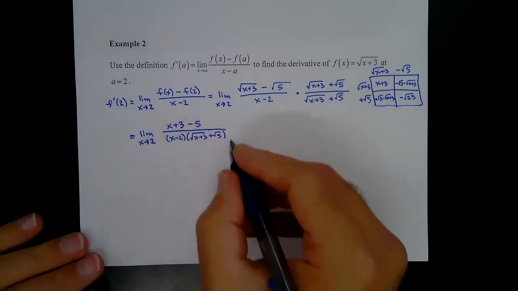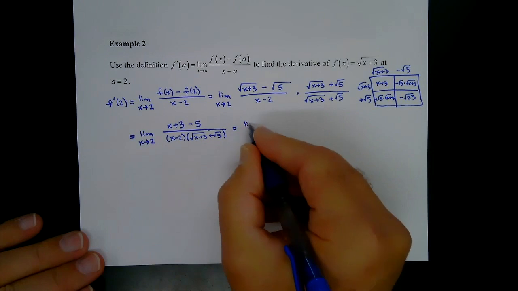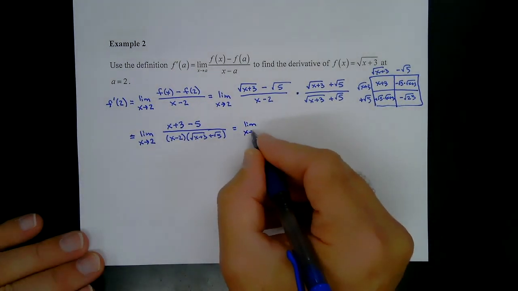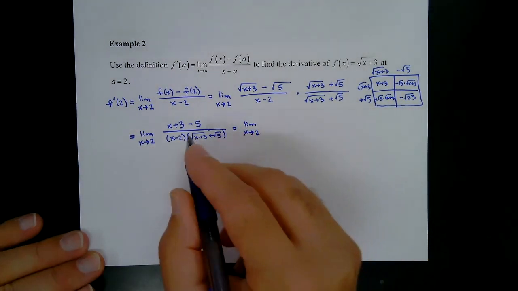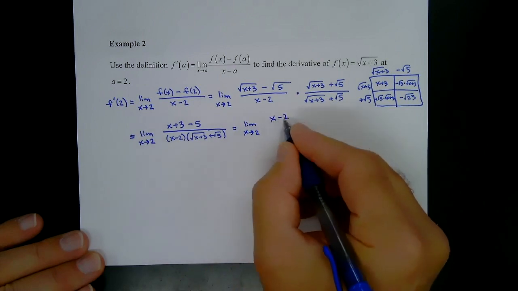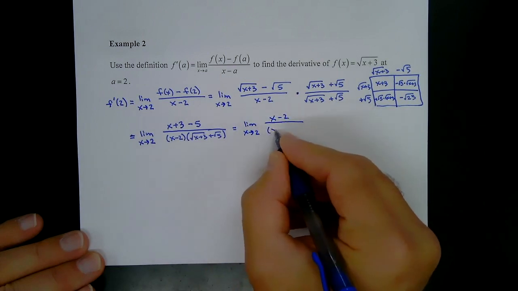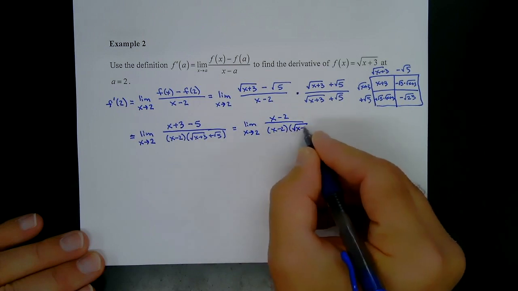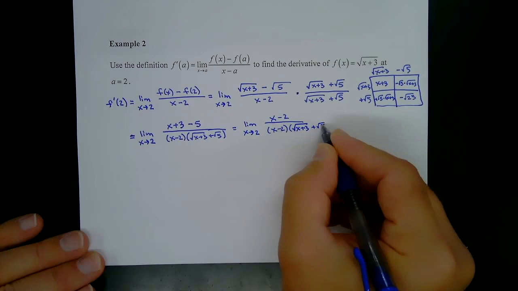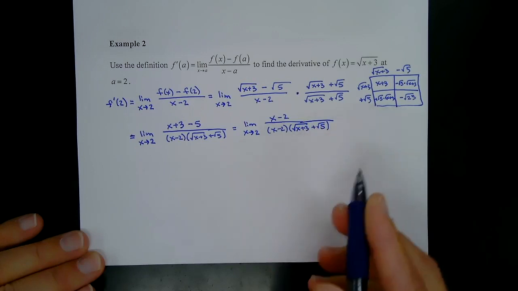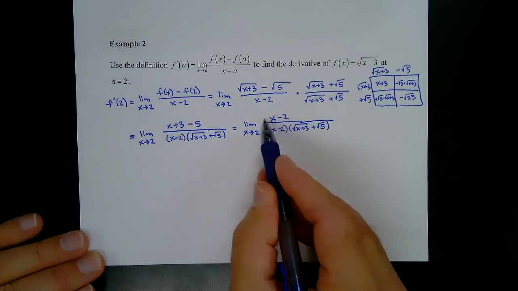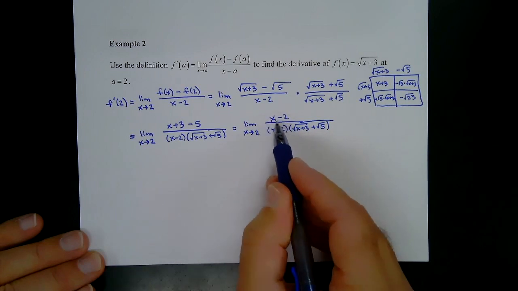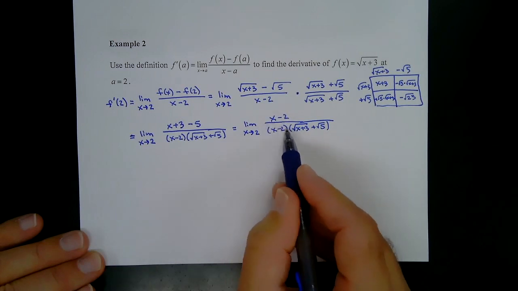Okay, so now this becomes the limit as x approaches 2 of x minus 2 over x minus 2 times the square root of x plus 3 plus the square root of 5. And if you think of this quantity as a whole, like x minus 2 as one group, it's going to cancel with this one, right?